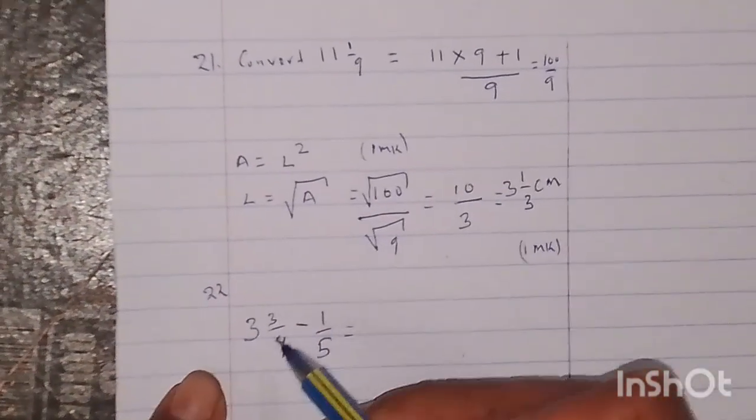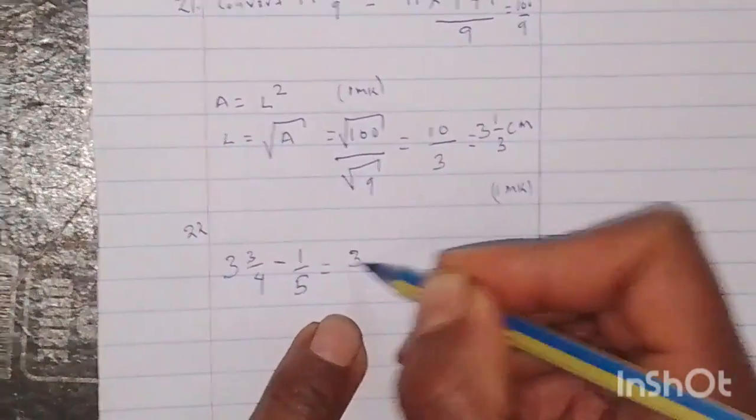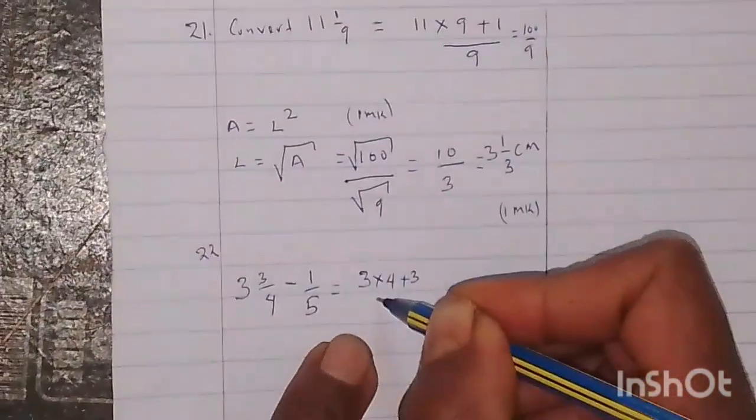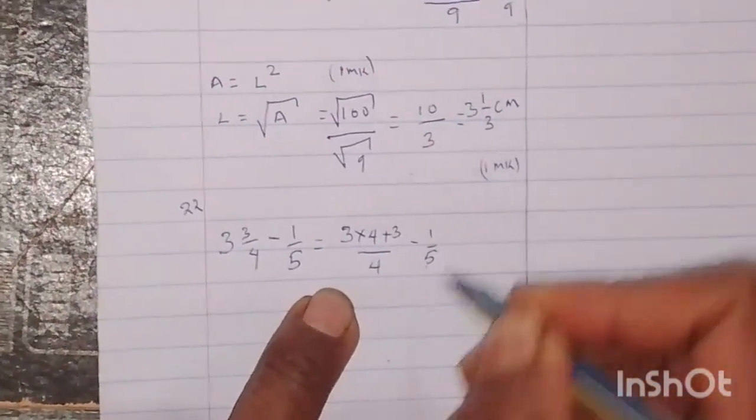We convert 3 and 3/4 into an improper fraction. This is equivalent to 3 multiplied by 4 plus 3 over 4 minus 1/5.